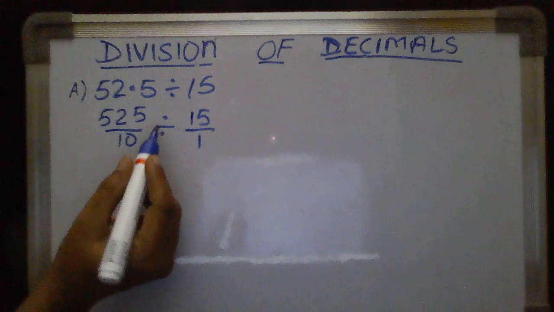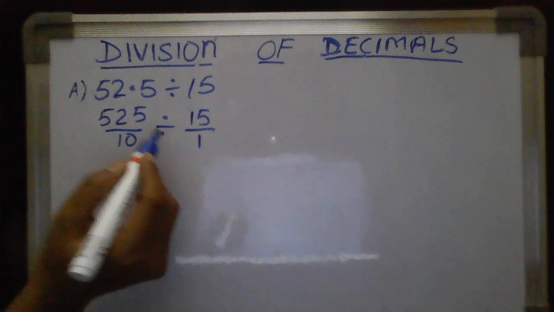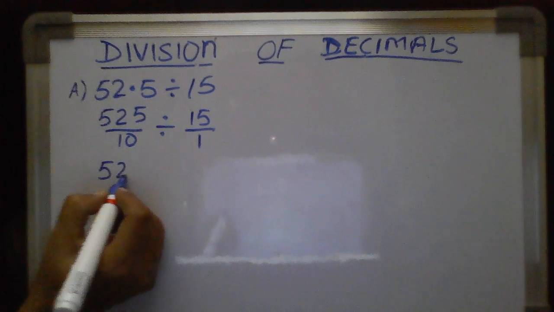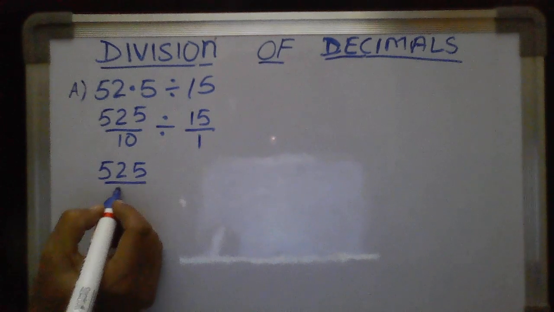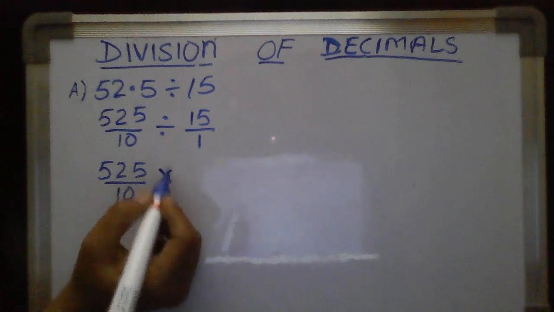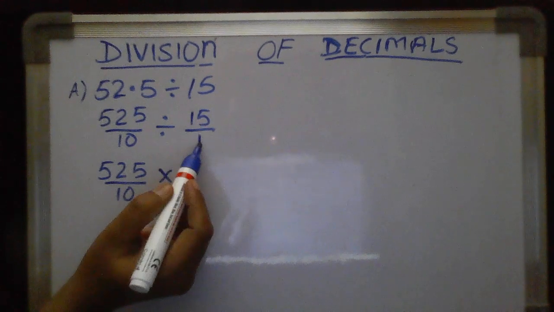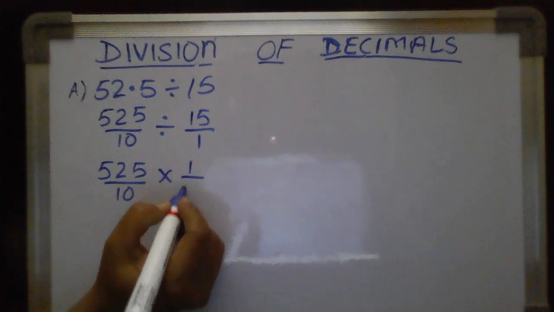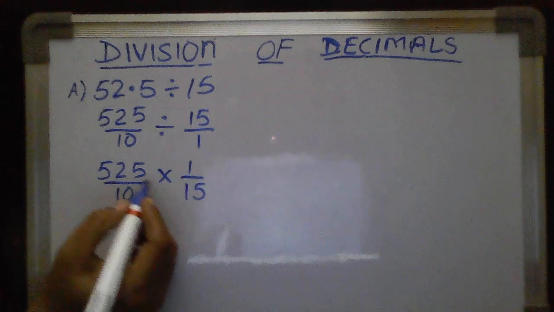Now, you cannot divide fractions like this. So you have to convert this division into multiplication. For that, you write it as 525 by 10 into, when you are converting the division to multiplication, this fraction becomes the reciprocal of it. So 15 by 1 becomes 1 by 15.